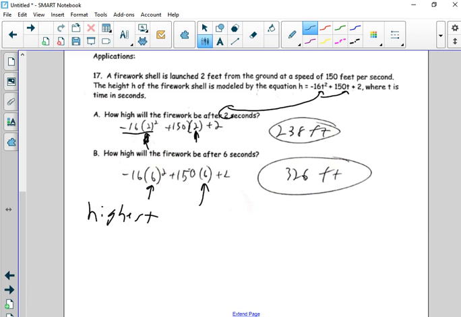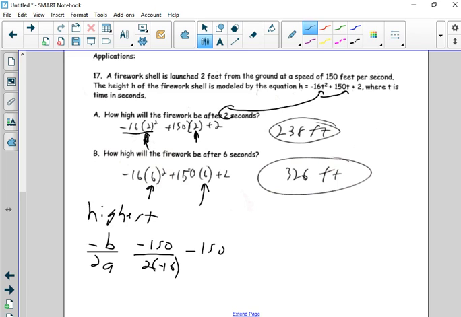Okay, bonus. When and where is the highest point? Remember, opposite of B over 2A. Okay? You write this down. So, opposite of B over 2 times negative 16.